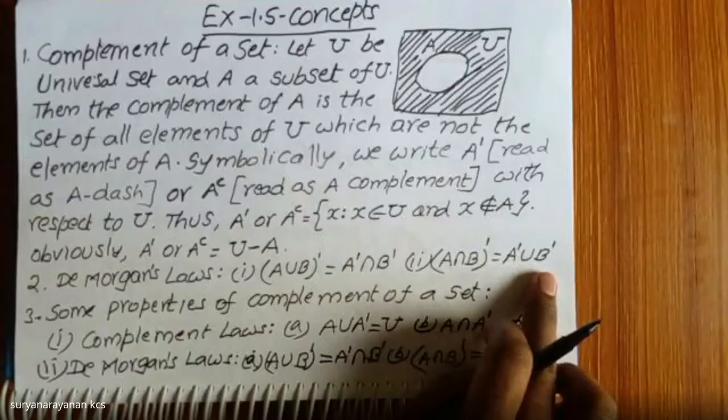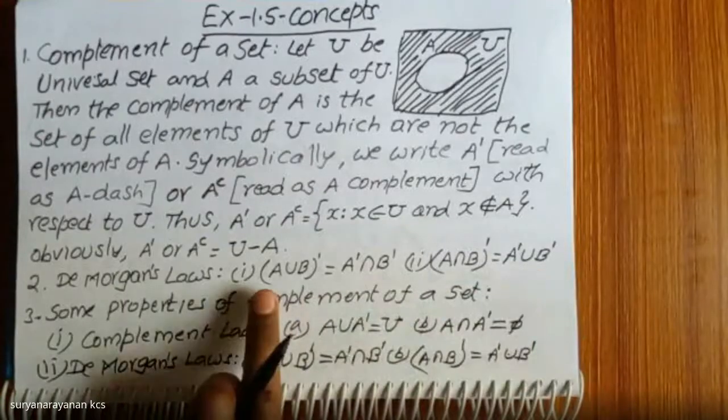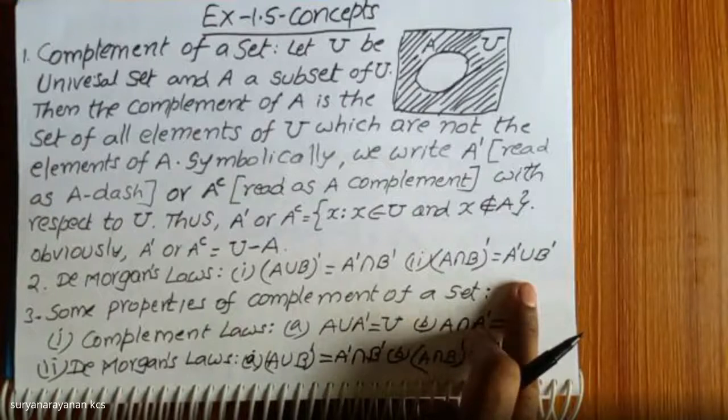Number 2, A intersection B whole dash equal to A dash union B dash. Very good. My dear Richard, A union B the whole dash is equal to A dash intersection B dash. Then A intersection B the whole dash is equal to A dash union B dash. Very good, my dear Richard.